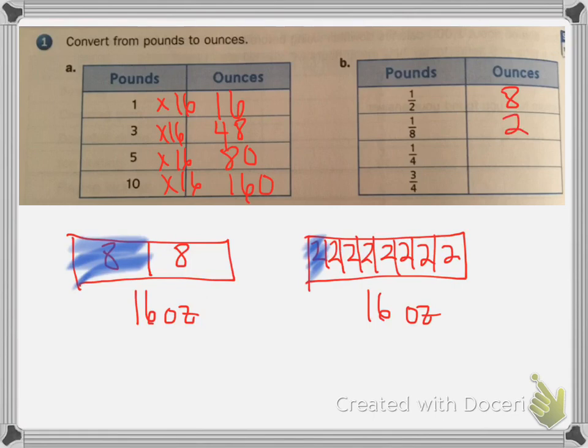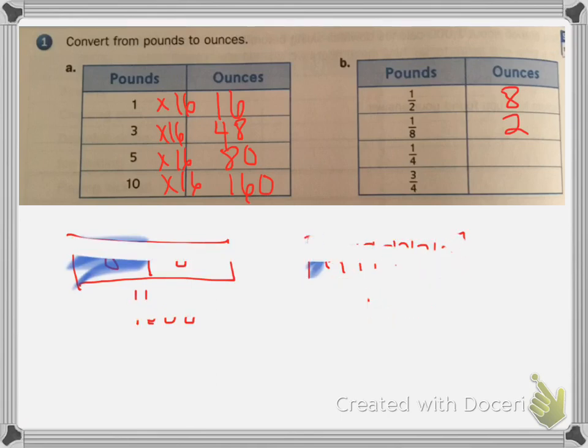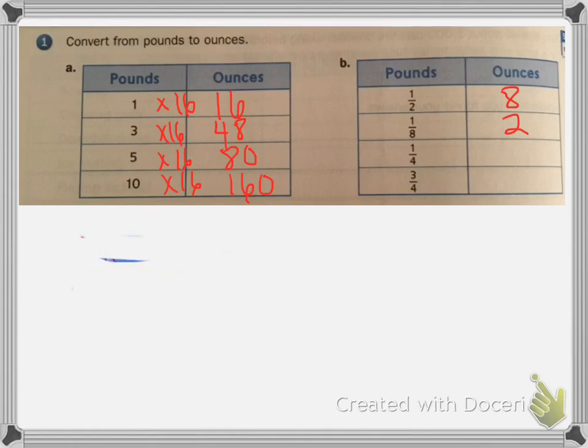All right, pause the video for me and try the remaining 2 on this chart. All right, hopefully when you were doing this, you had to figure out what 1/4 of a pound is. So if we have 1 pound, we know that's how many ounces? 16.